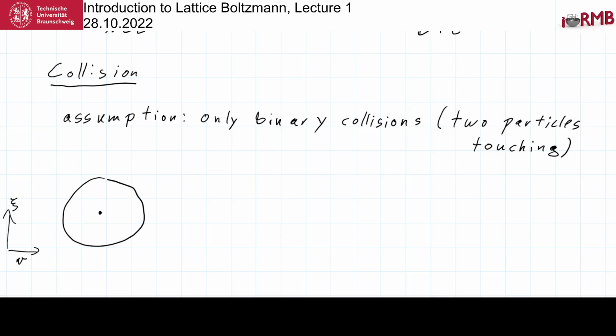And there is one particle coming in. This we call xi1, particle 1 coming in. And another particle at another angle comes, xi2. Then they leave. They come in at this angle and then they leave at a different angle.